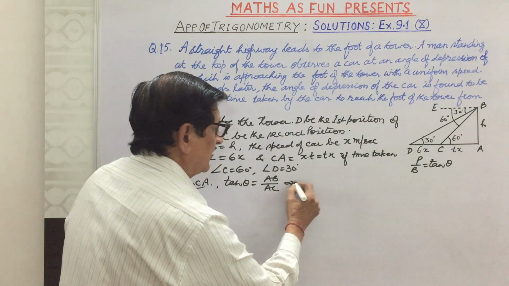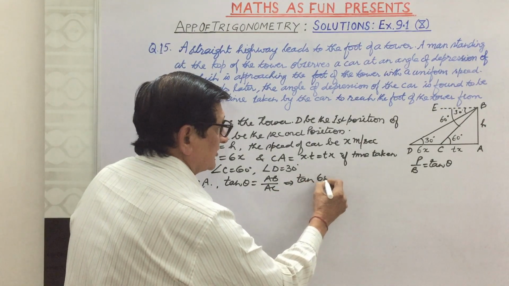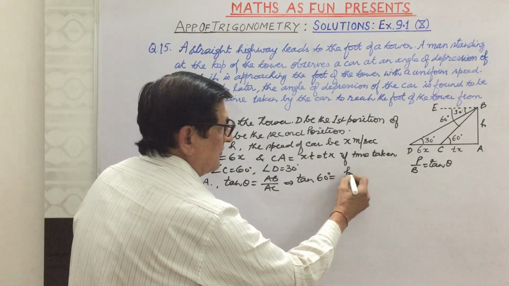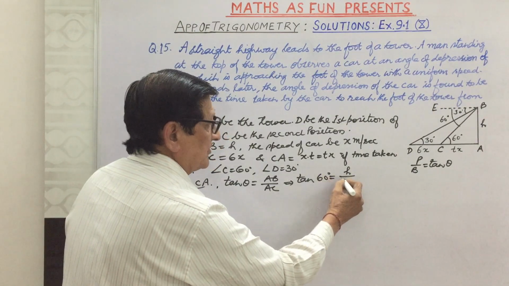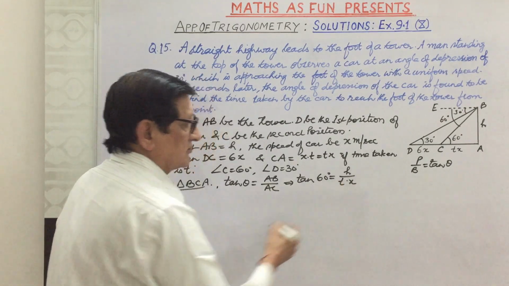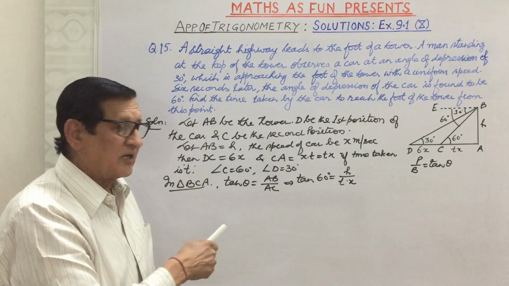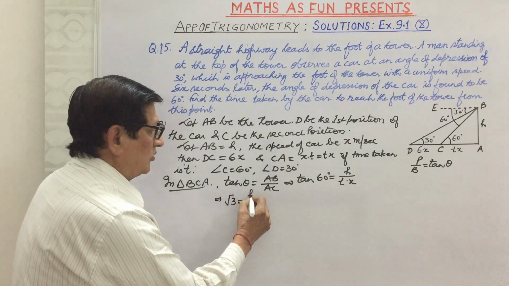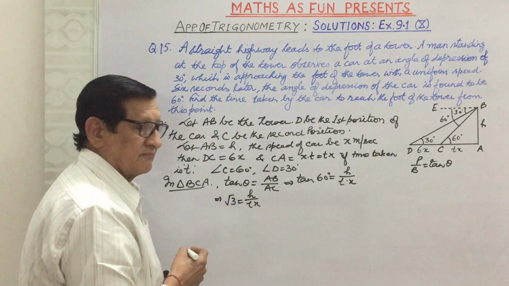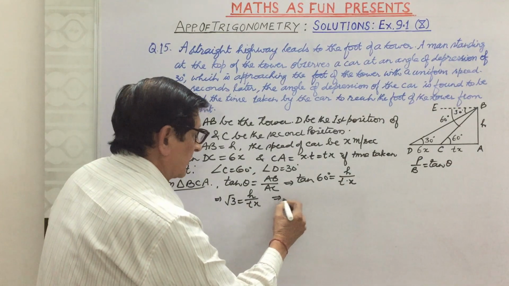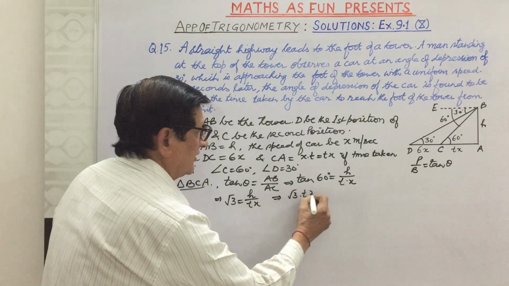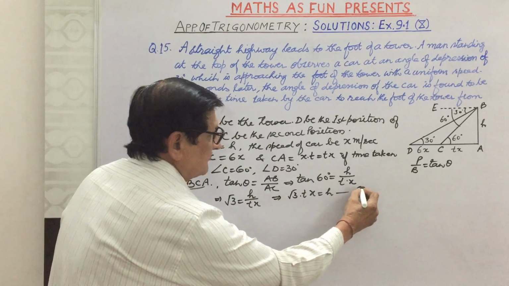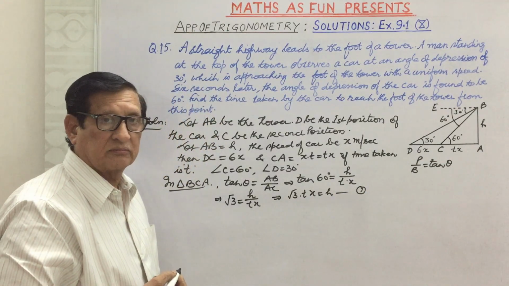Theta is 60 degree. So this is tan 60 is equal to AB means h and AC means t into x. We know the value of tan 60 from the table is root 3 equal to h upon tx. Cross multiplying, we are getting root 3 into t into x is equal to h. This we can take as equation number 1.